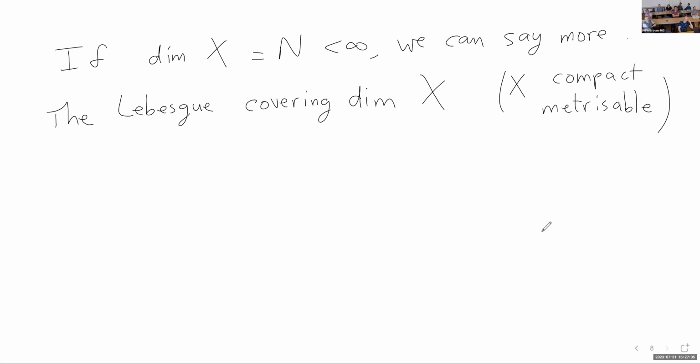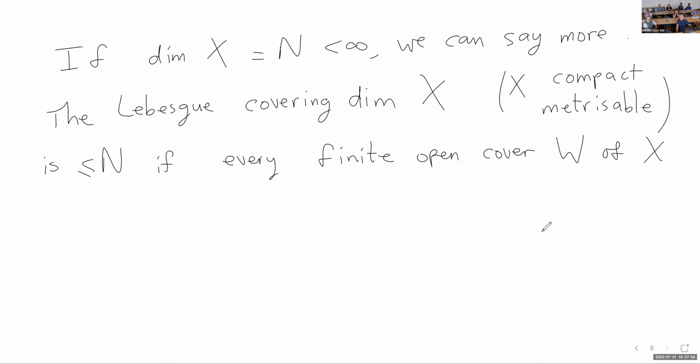All right. So the covering dimension of a compact metrizable space X is at most n if every finite open cover W of X admits a finite refinement V such that at most n plus 1 elements of V can intersect non-trivially.